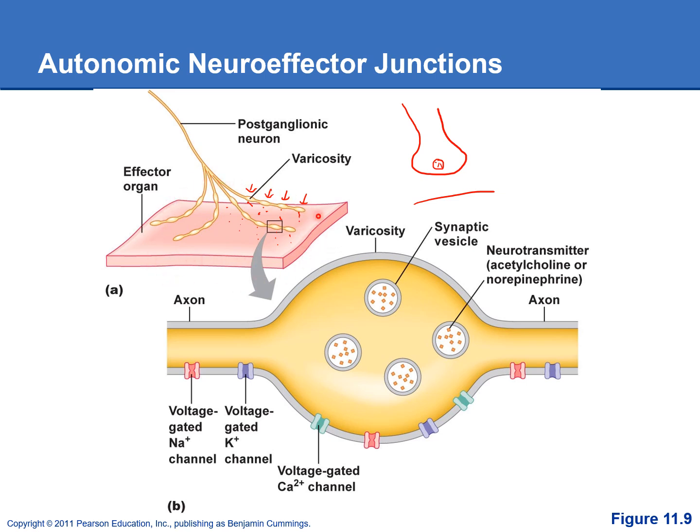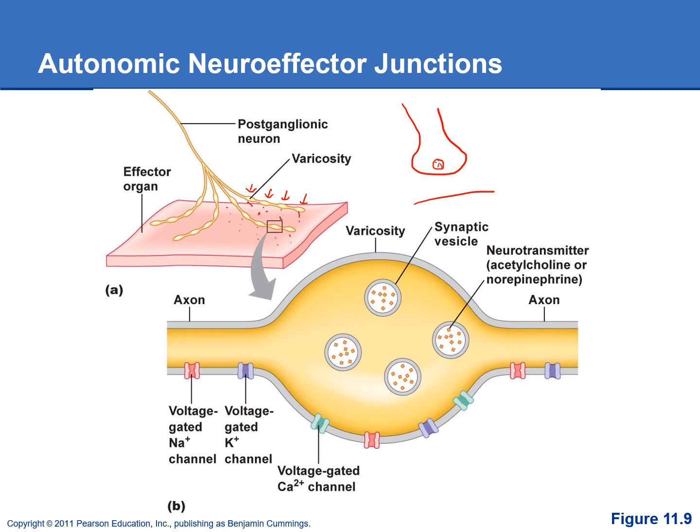And if we take a close-up look at one of these varicosities, notice that we've got some voltage-gated sodium and voltage-gated potassium channels. Remember, that's going to produce the action potential. So as the action potential comes down the axon, it hits the varicosity, and the action potential is going to depolarize the inside of the varicosity here, and that'll trigger the opening of these voltage-gated calcium channels.